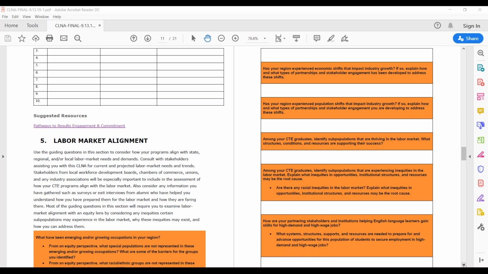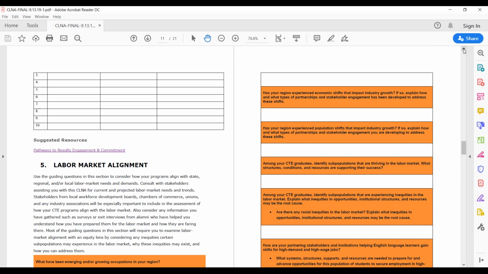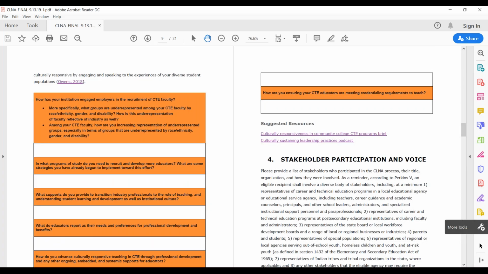I have a question. Paul Carlson from Kankakee Community College. Under section 4, there is a statement, number 6, representatives of regional or local agencies serving out-of-school youth, homeless children, and youth at risk, specifically in elementary and secondary.